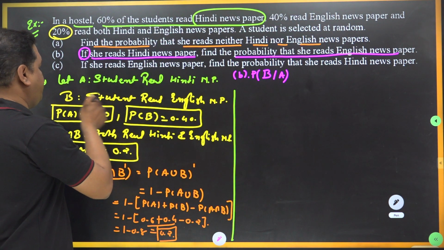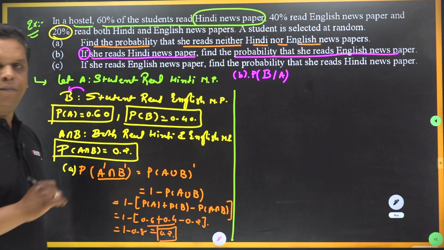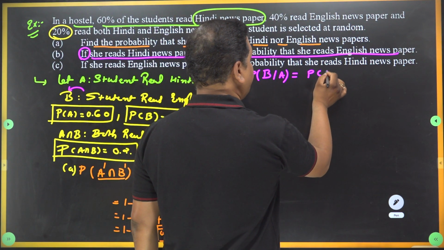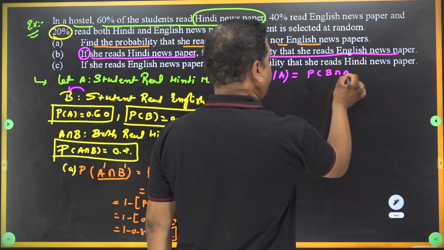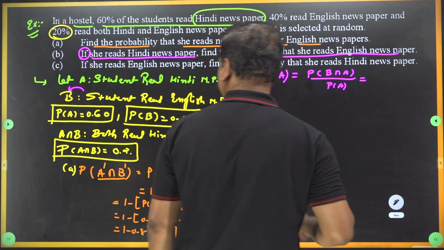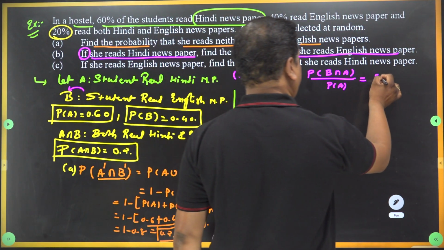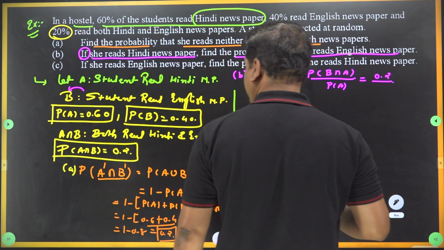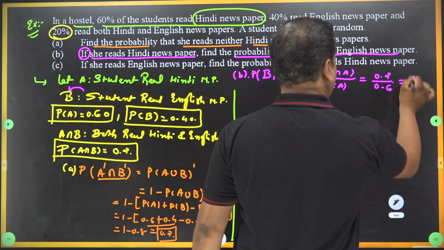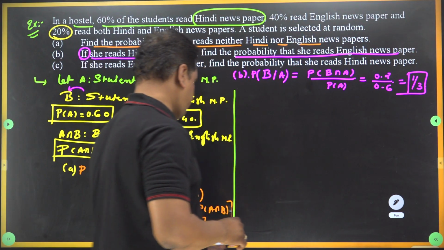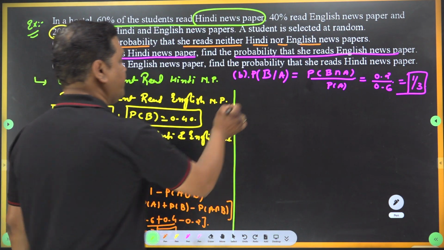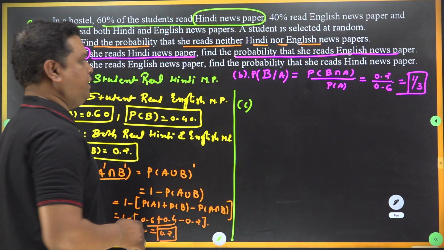So English newspaper is event B. So P of B by A, that is P of B intersection A upon P of A. Let's put B intersection A 0.2 upon 0.6. Answer 1 by 3. Option C.